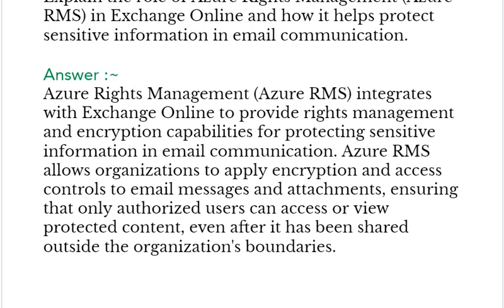Azure RMS allows organizations to apply encryption and access controls to email messages and attachments, ensuring that only authorized users can access or view protected content even after it has been shared outside the organization's boundaries.